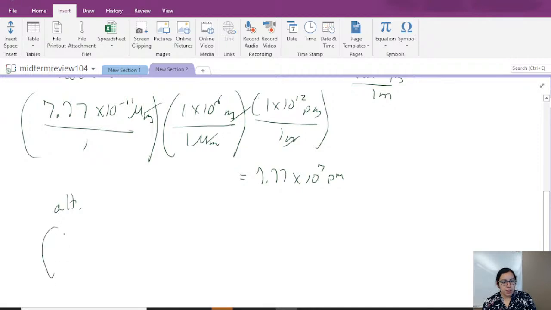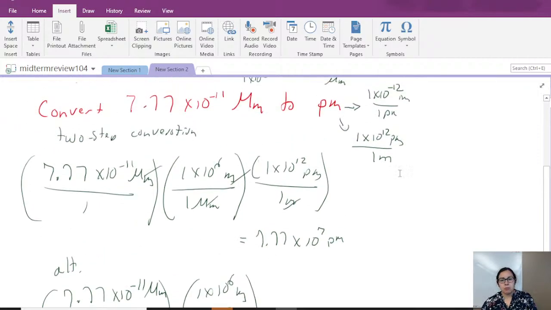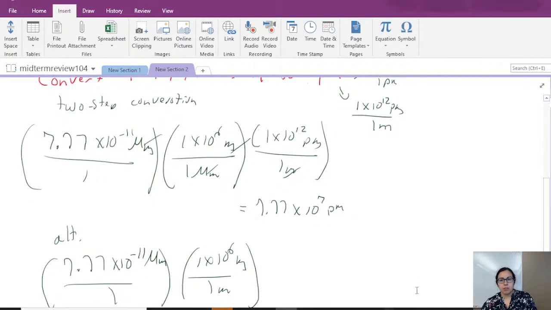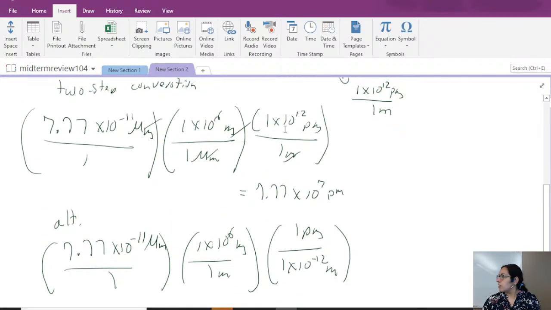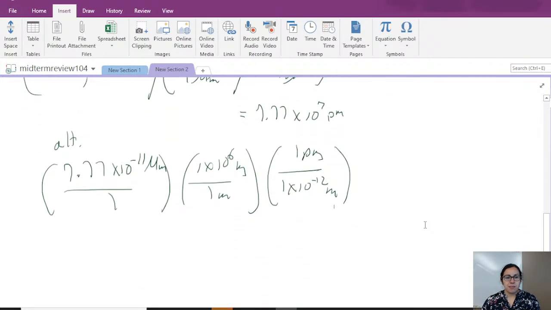But note when you write it, bear with me while I rewrite for a second. So, right, we do our first conversion factor. And then let's say we want to use the negative exponents, because that's by your base unit. So picometers goes on top, so our unit cancels. And then 1 times 10 to the negative 12 meters then goes on bottom, but that's the same thing. Since we have a negative on bottom, it's basically the same as that, so that's why it works out.